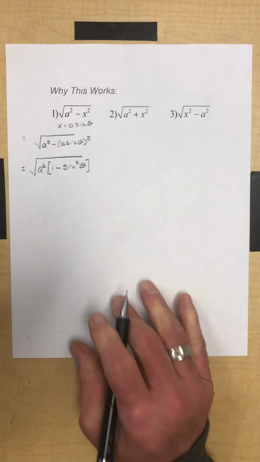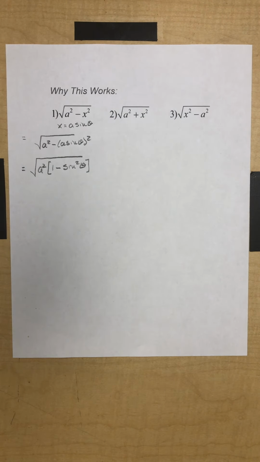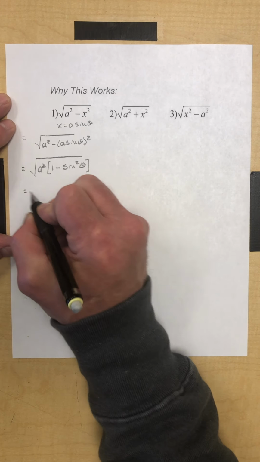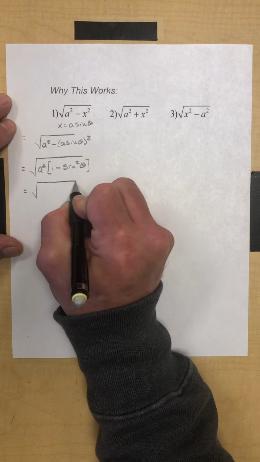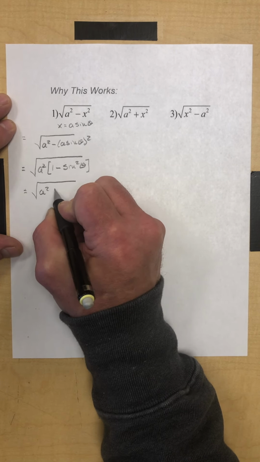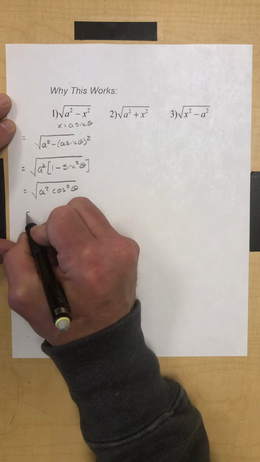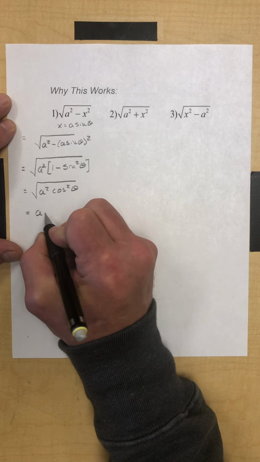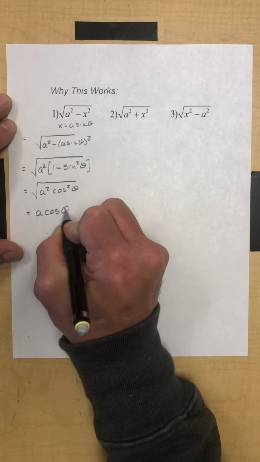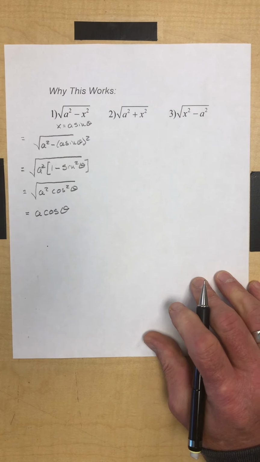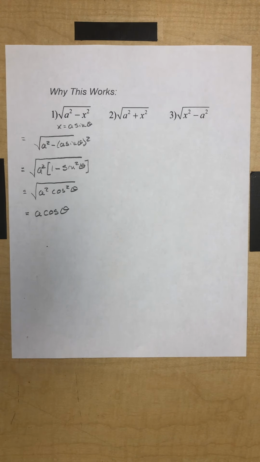Going to our Pythagorean identities, we know that 1 minus sine squared is cosine squared. So we're going to get the square root of a squared cosine squared theta, and obviously that's a perfect square, and when you take the square root, you get a cosine of theta. So it gets rid of that radical, and that's one of the problems here.